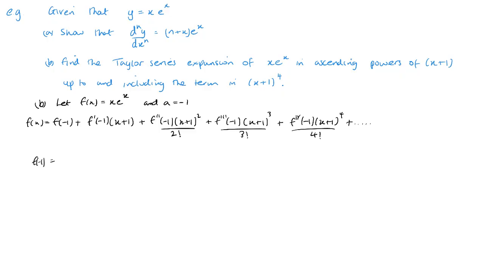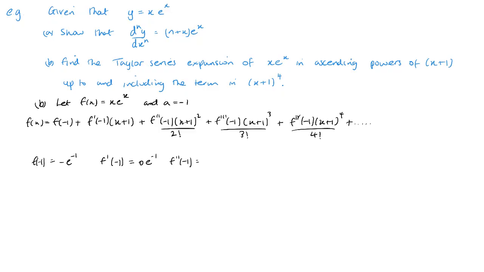So I'll just work out each one first of all on the side. So minus 1 going into my f of x is going to be minus 1 e to the minus 1, minus e to the minus 1. And then f dash of x, when I substitute minus 1 in, it's going to be 1 minus 1, so it's going to be 0 e to the minus 1. Sorry, that isn't an x there, that is a minus 1.